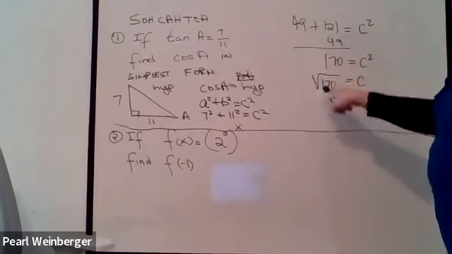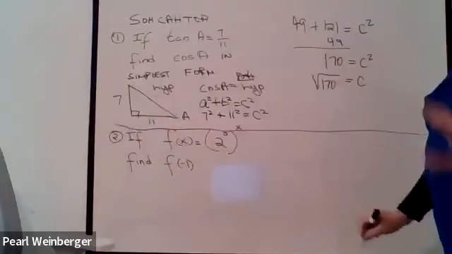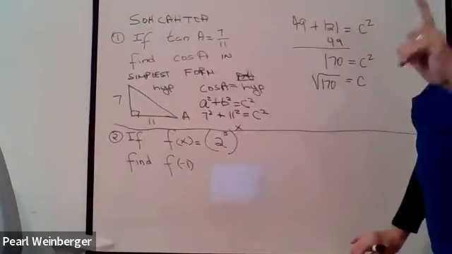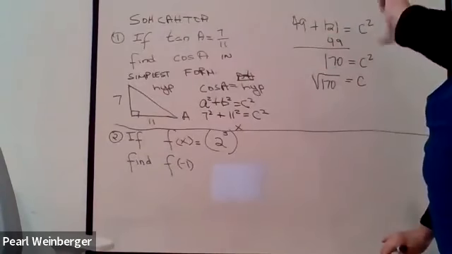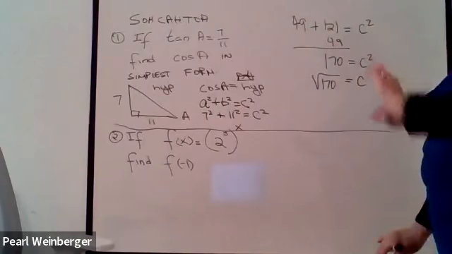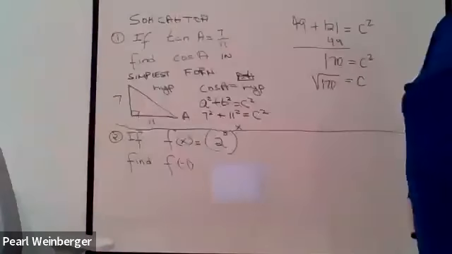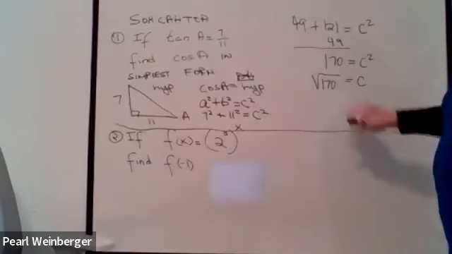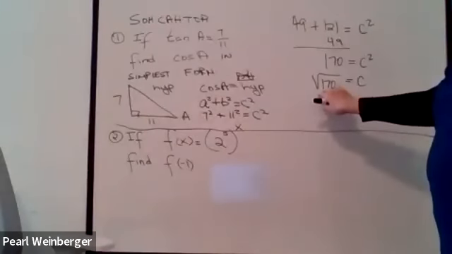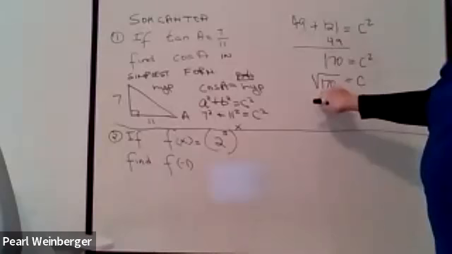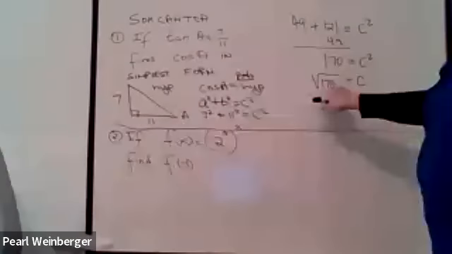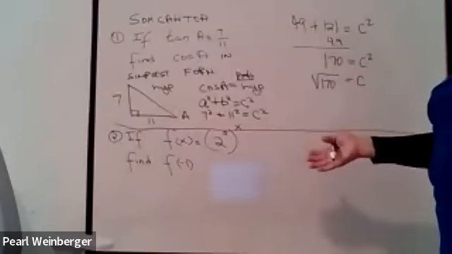Now, I usually look to see if I can simplify this radical. Notice it said in simplest form. It didn't say in decimal form. It didn't say the nearest tenth or nearest hundredth. It said simplest form, which means they want us to leave the radical in it, but they want us to simplify the radical. But the only thing I can break 170 up into is 17 and 10.